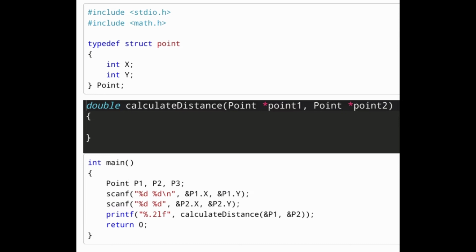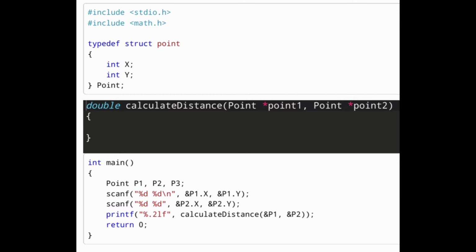In the next line we are accepting two integers and storing them into p1.x and p1.y. Similarly, in the next scanf statement we are accepting the x and y values for point 2, and then we are calculating the distance between the points p1 and p2, and printing it up to 2 decimal places. So now our task is to define this function named calculateDistance so that we will be getting the correct output.